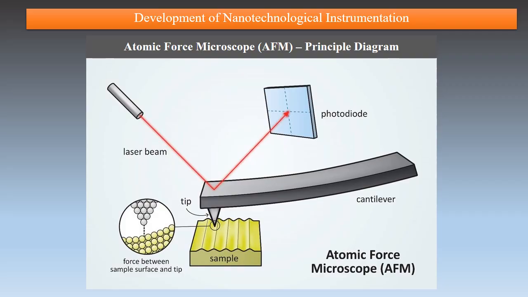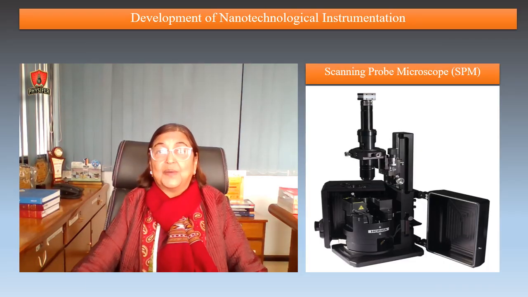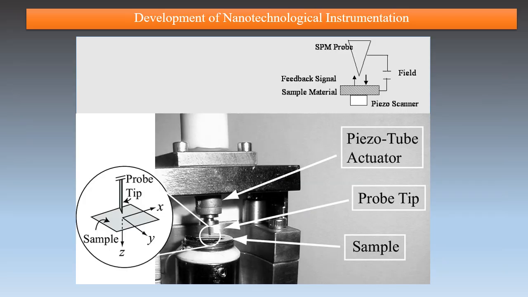This invention led to the development of more devices of its kind, like the atomic force microscope and scanning probe microscope, SPM, which is a cornerstone in nanotechnology, enabling the manipulation and characterization of nanomaterials, nanowires, nanoparticles, and nanostructures. SPM is a powerful technique used to image surfaces at nanoscale by scanning a probe over a specimen, allowing an unprecedented resolution and detailed analysis of material properties.